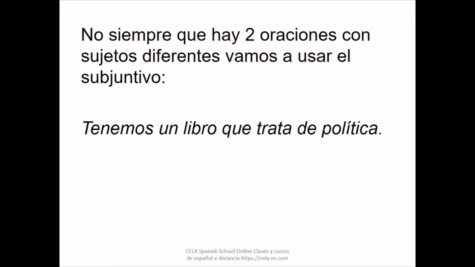But since we're talking about a fact, and we do not expect an action from el libro, but only give an information, we do not use the subjunctive. The book is about politics and we have it.